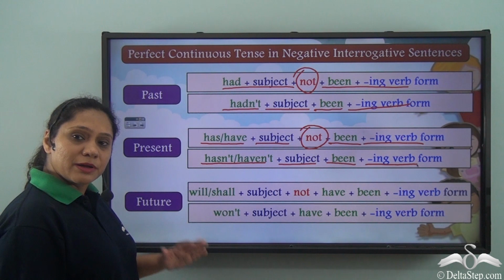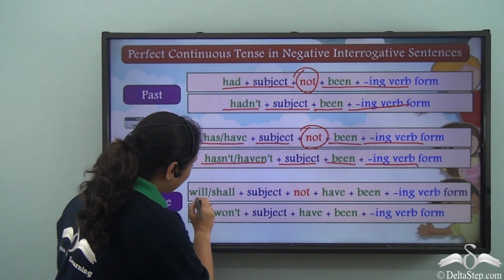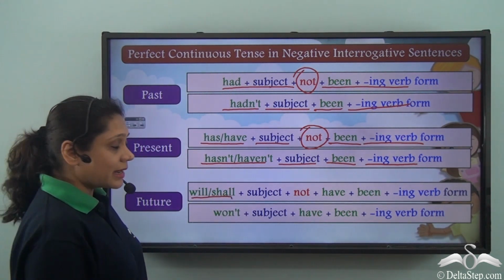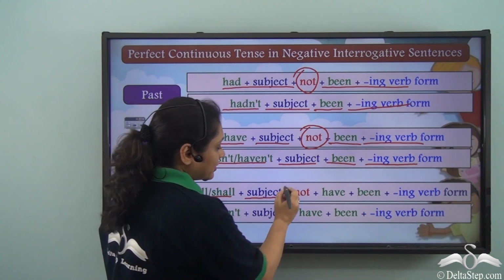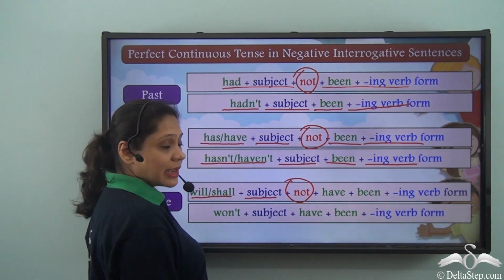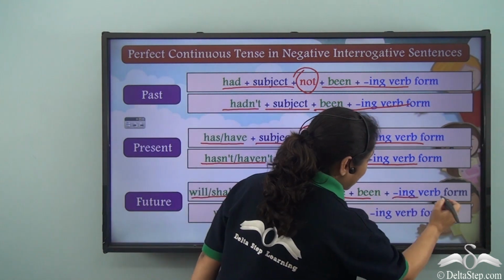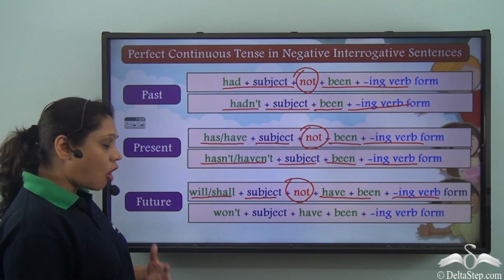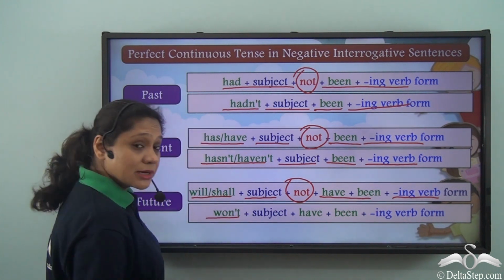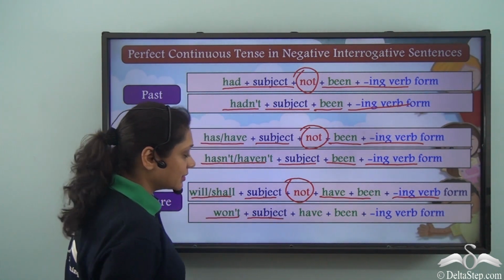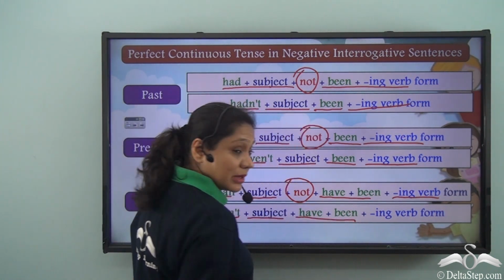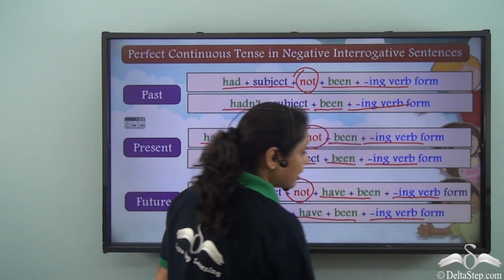In the future perfect continuous tense, we can write will or shall followed by the subject, followed by the negative word and then have been followed by the ing verb form. Or we can write won't followed by the subject, followed by have been and then the ing verb form.